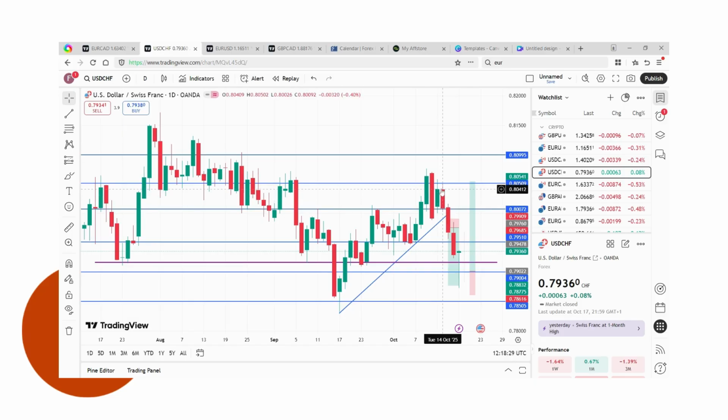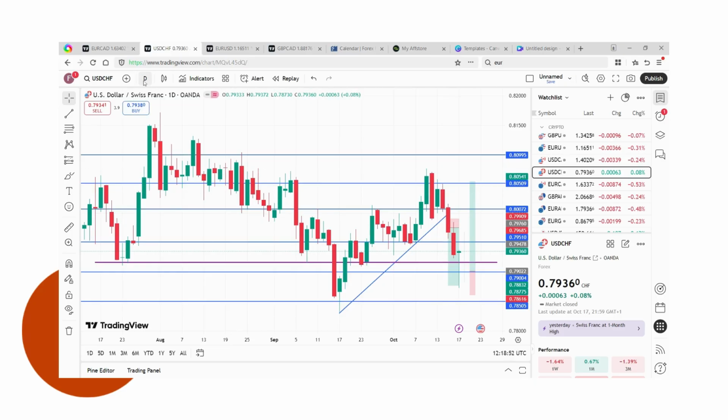It implies that sellers are now coming into the market. By intuition, it implies that buyers no longer have the power to extend. They do not have that propensity, that capacity to push further, which implies that sellers are in control and they are the ones that will come in and dominate the market.